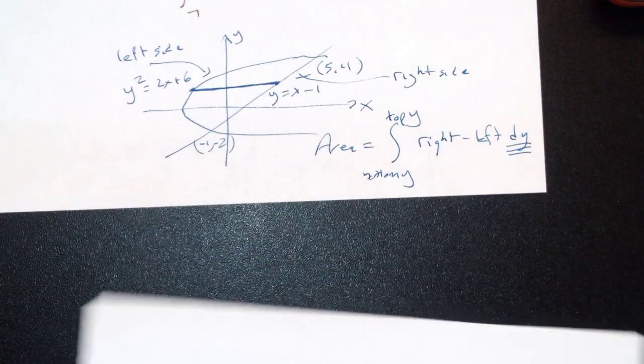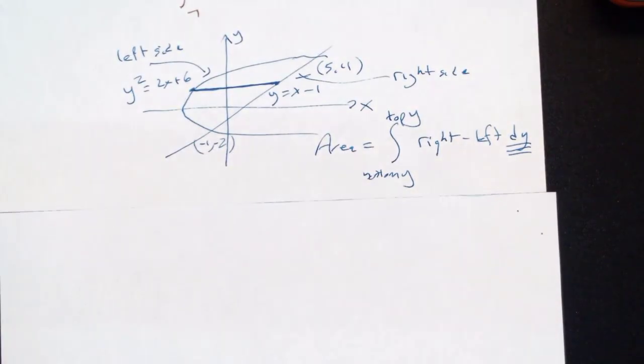But that means I need to rewrite my equations. My equations cannot be written y in terms of x because the right end of this rectangle is an x value. I need to take that equation and rewrite it x in terms of y.